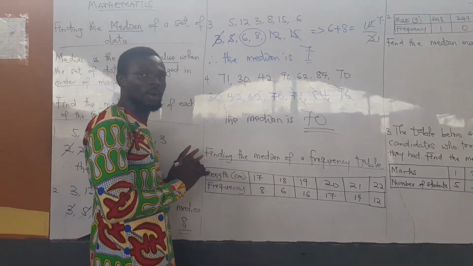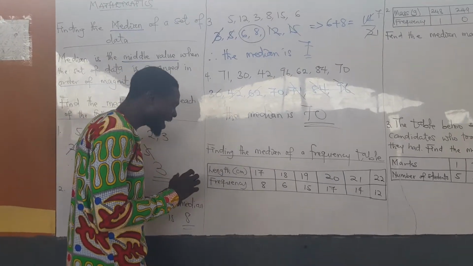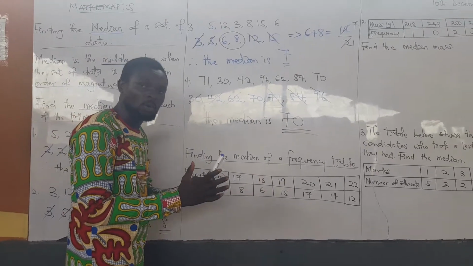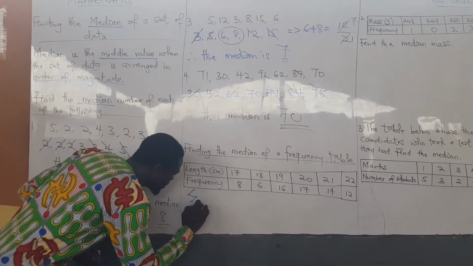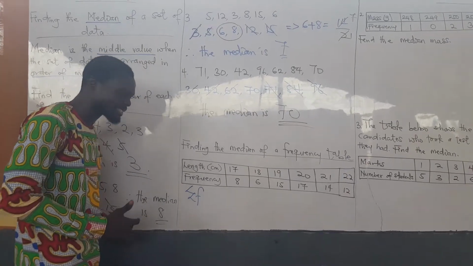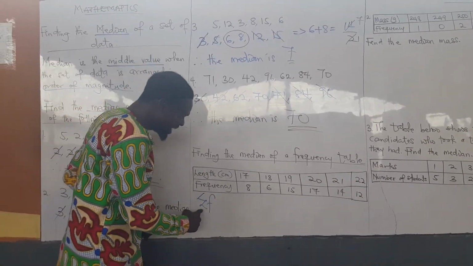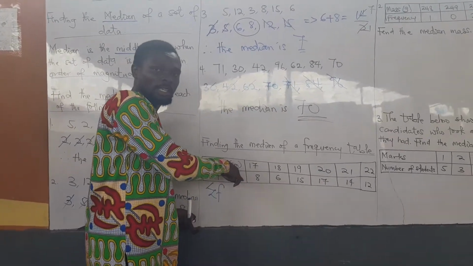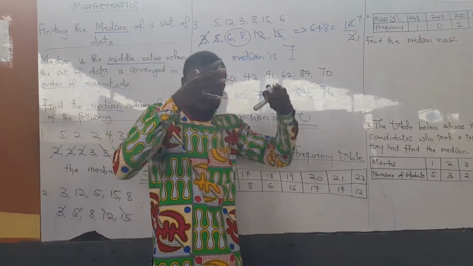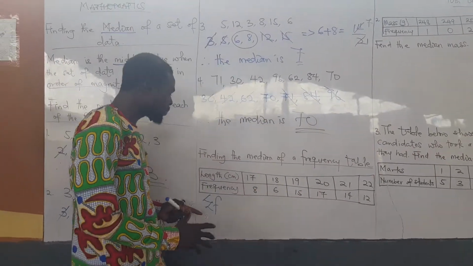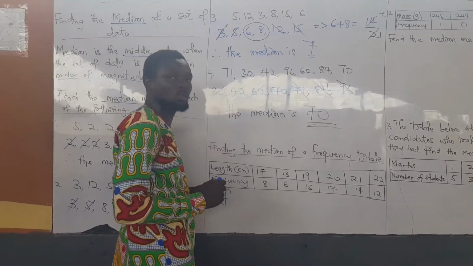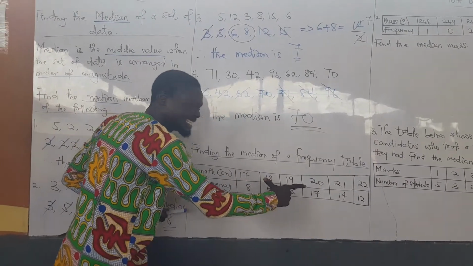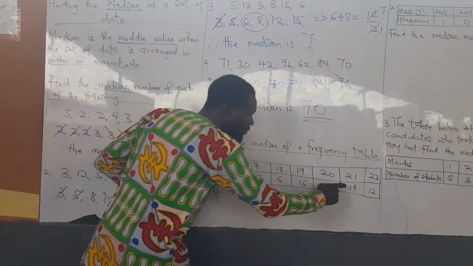The sum of the frequency is noted by this sign, which is known as Sigma F. Sigma stands for sum of, and F stands for frequency. So this means the sum of frequency. We are going to put all the frequencies together. If you are calculating the median, first find Sigma F, which is the sum of the frequencies.